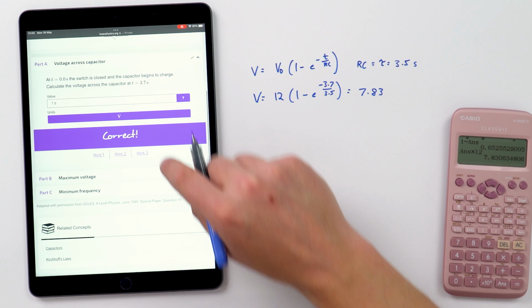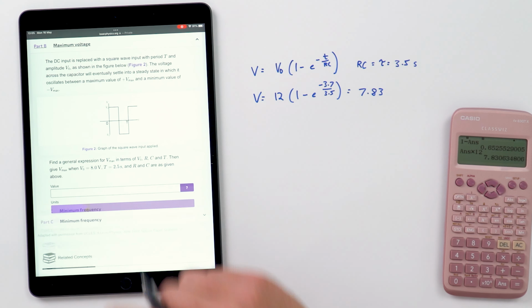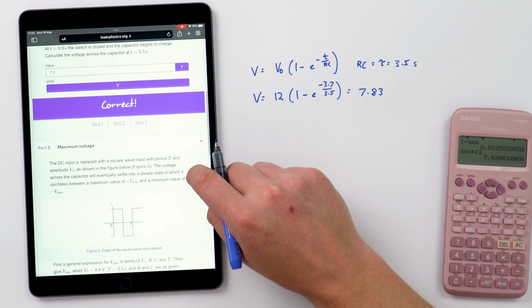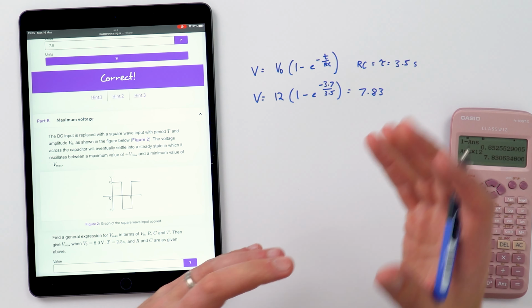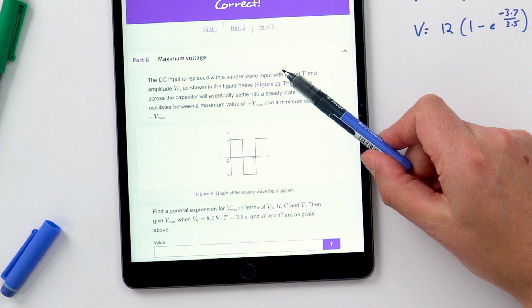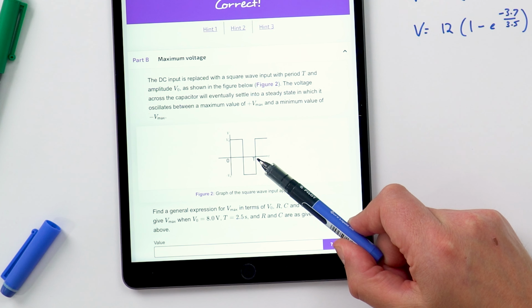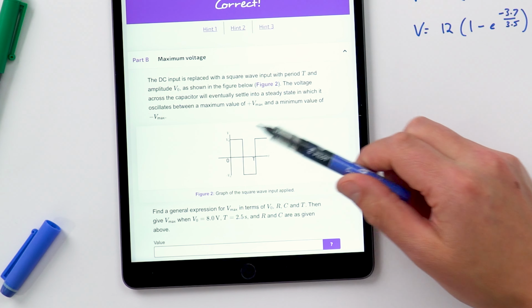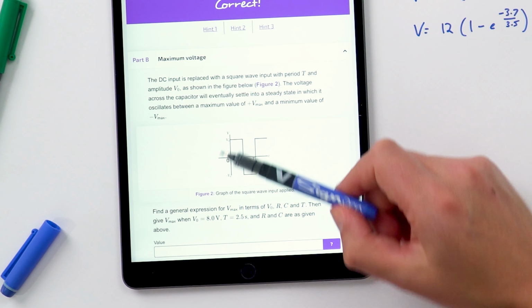Now, part B gets a little bit more tricky, and this is looking at the maximum voltage. So now, rather than having a DC power input from those batteries or the cells, we now have a square wave input. We've got a period of T, and it's at a certain amplitude V0.